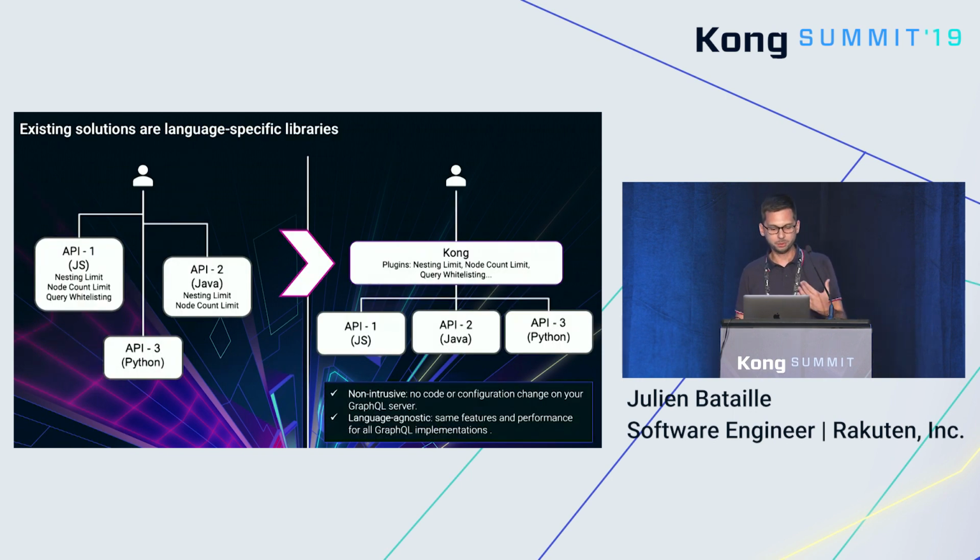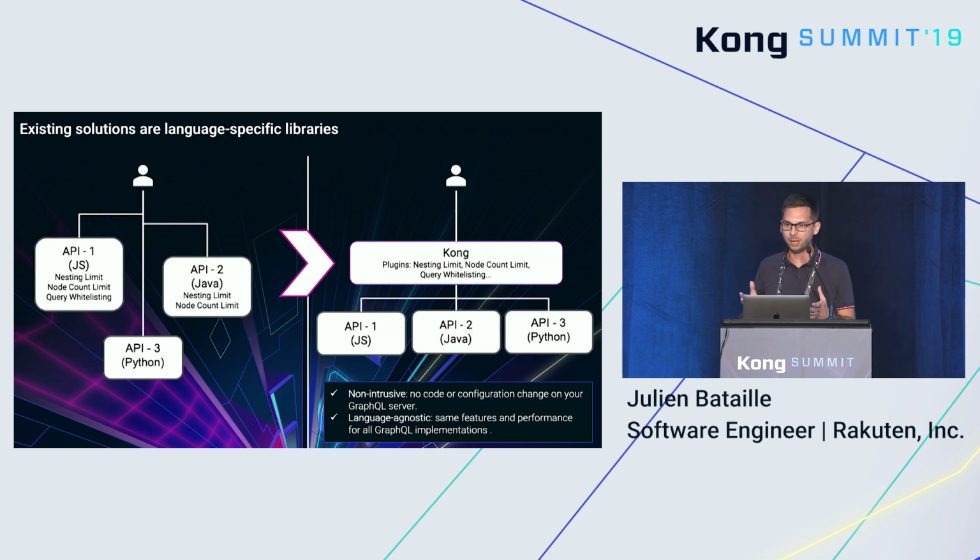But first, I want to mention that all those policies are actually already available in libraries for different implementations of GraphQL. Those are language-specific solutions, so it means you need to modify or reconfigure your GraphQL server to enable them. And this is where I believe Kong brings a better alternative.